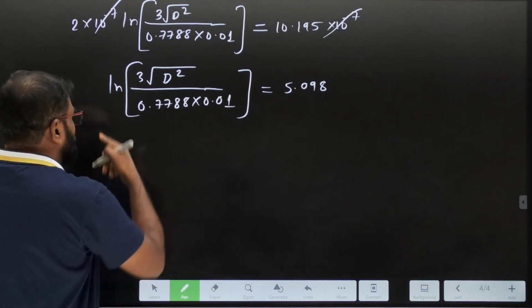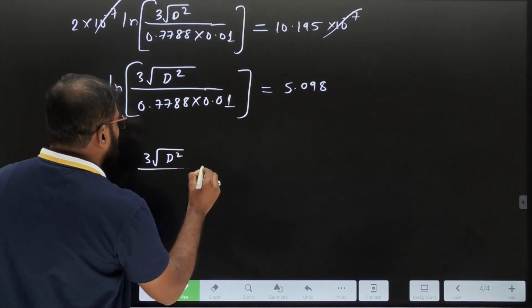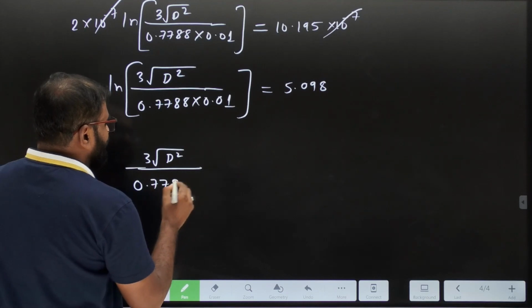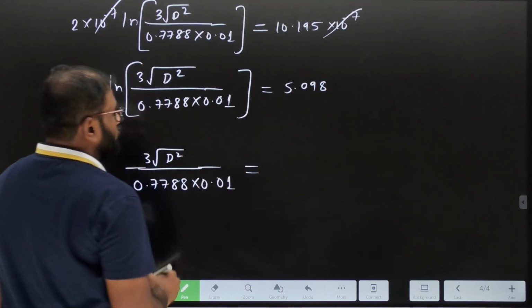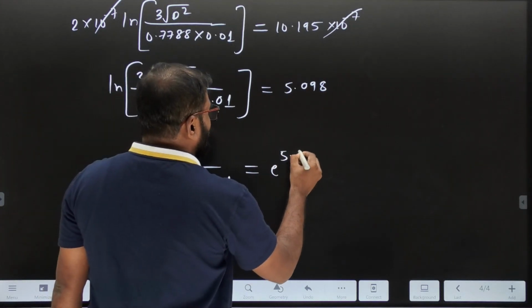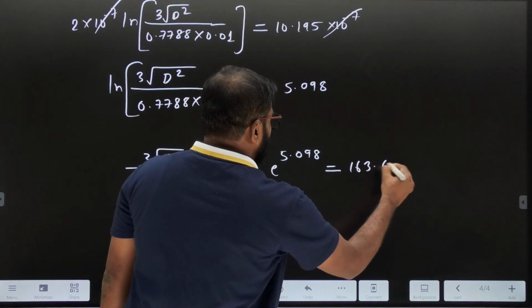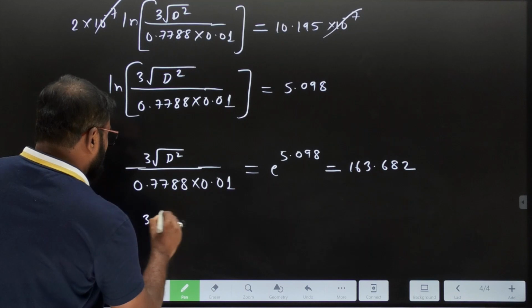So directly here e power something and ln get cancelled. Directly I am writing cube root of D square by 0.7788 into 0.01 is equal to e power 5.098. Now its value is 163.682.